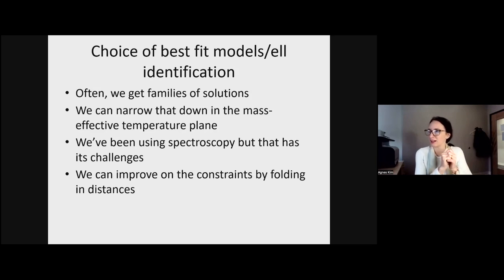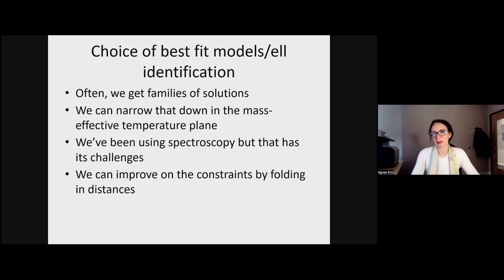And we get families of solutions because even when you vary a limited number of parameters, like I said, many times we only have a few periods. So very often in white dwarf seismology, we don't get a unique solution.